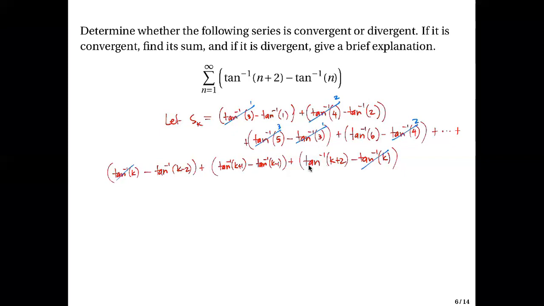Say this is your last term, second to the last, and then third to the last. So the minus part will cancel the plus part of the two terms before. So this guy here will cancel the previous terms here.